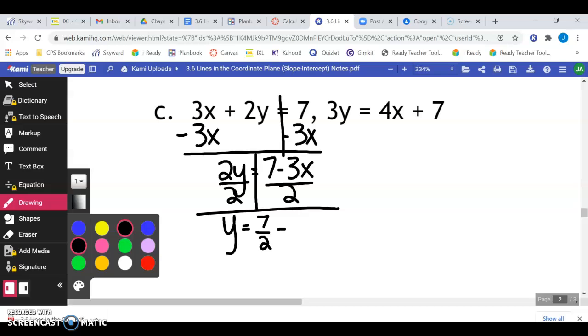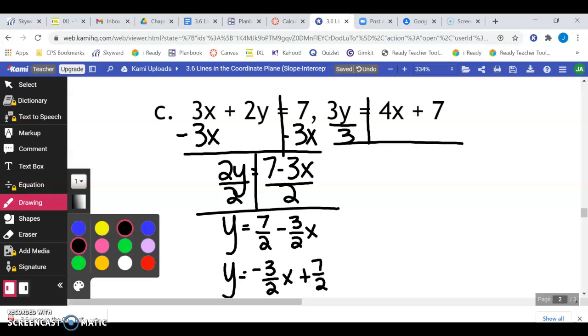Same thing with -3 divided by 2. I'm going to leave that with an x. I am going to rearrange so it's mx plus b form. And then over here, the only thing we have to do is divide by 3 to solve for y. So we have 4 over 3x and we have 7 over 3.